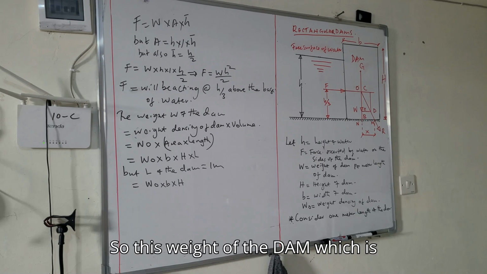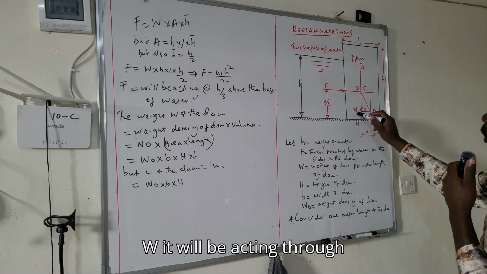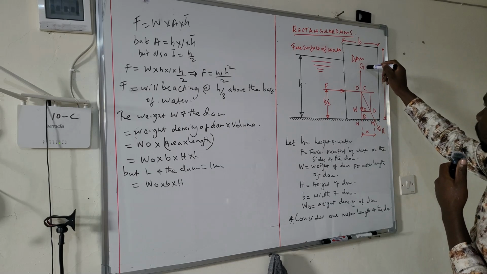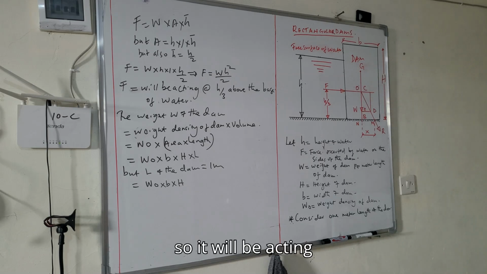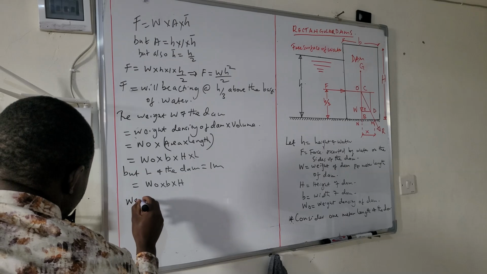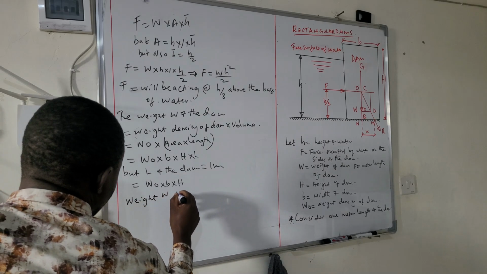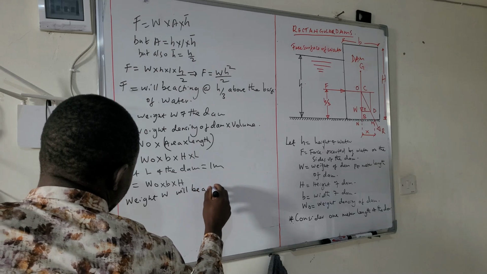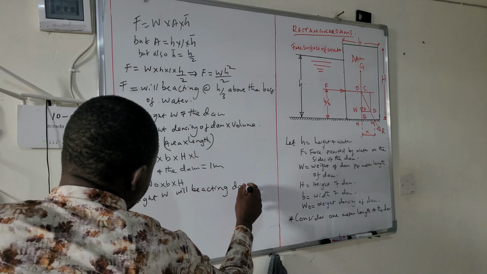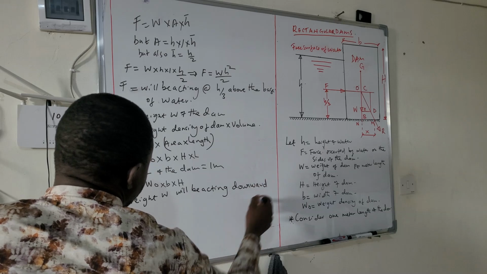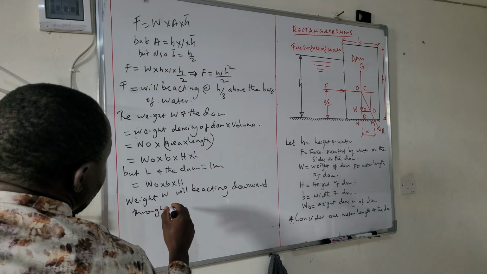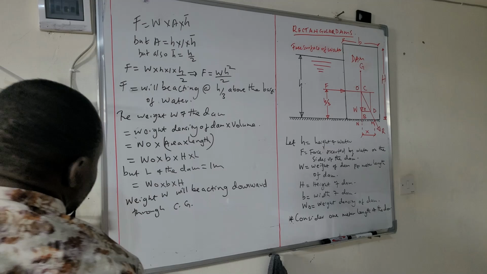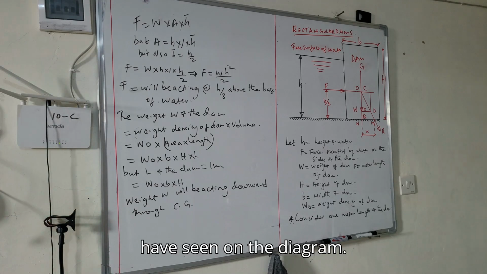This weight of the dam, which is W, will be acting downward through the CG, as you have seen on the diagram.